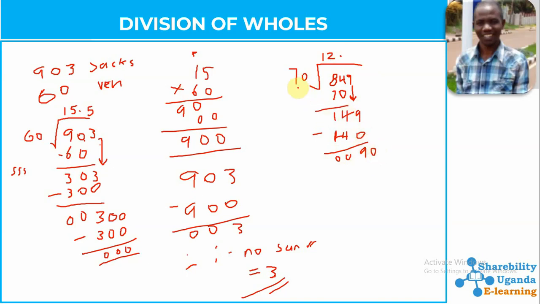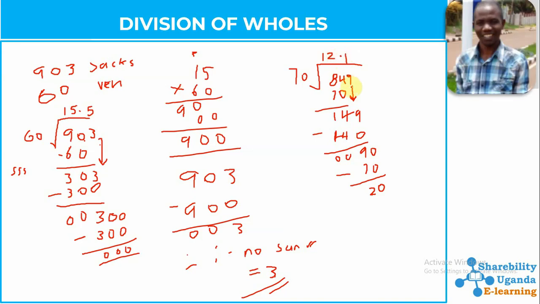What is 90 divided by 70? We still get 1, then here we get our 70. When we get our 70, we subtract. This is going to be our 20. So we say 20 divided by 70, impossible.